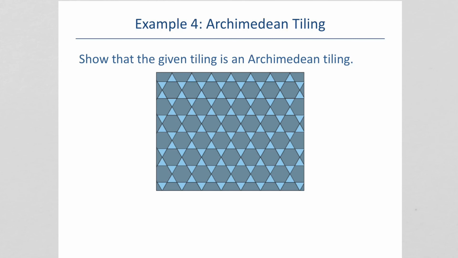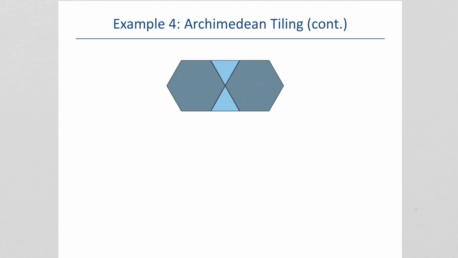Show that this given tiling is an Archimedean tiling. So we've got a hexagon and a triangle. At any given vertex, we have 1, 2, 3, 4 shapes.